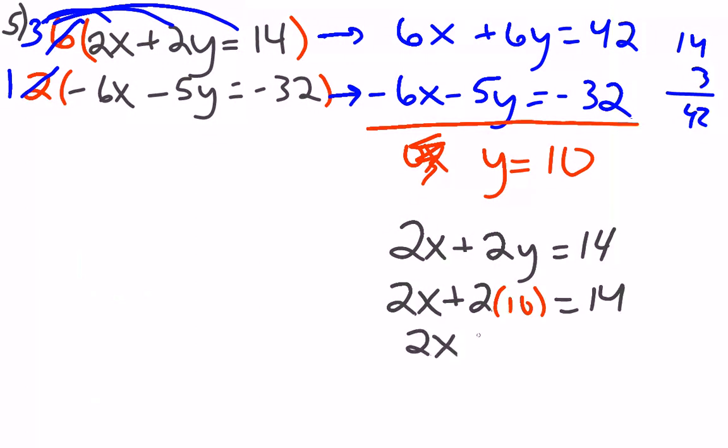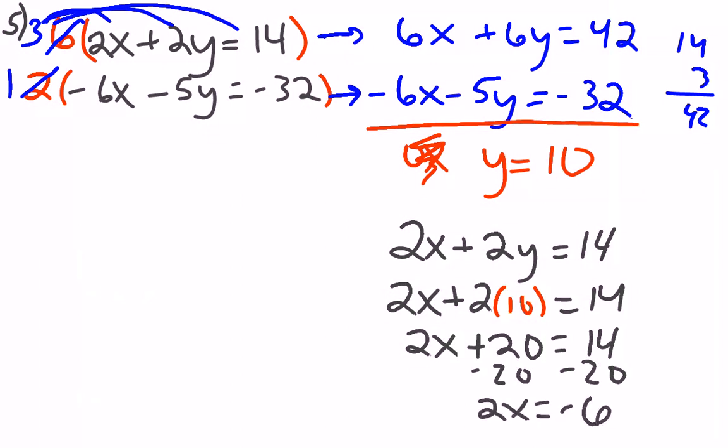So 2x plus 2 times 10 is 20 equals 14. Subtract 20. So 2x equals negative 6. And if I divide by 2, I get that x equals negative 3. So my point is going to be negative 3, positive 10.